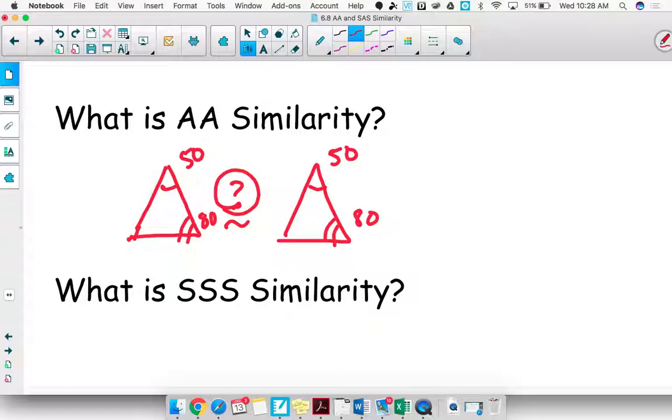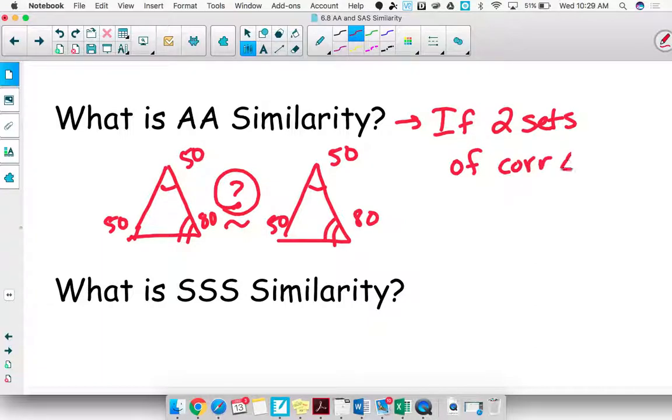So as long as two of those are given, we know the missing angle has to be 50 to add up to 180. Since the angles are all the same, that definitely makes them similar. So angle-angle similarity says if two sets of corresponding angles are congruent, then the two triangles are similar.